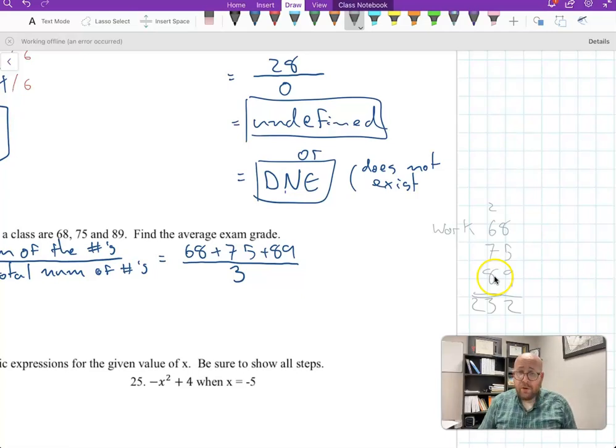So we have 232. So we have 232 divided by 3.